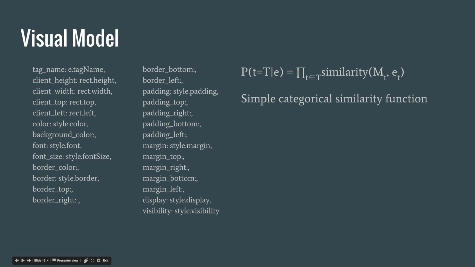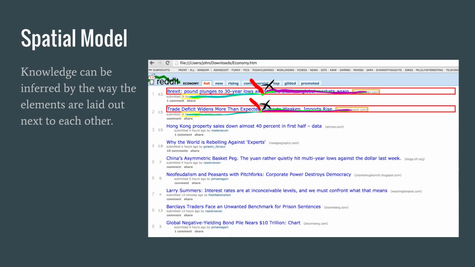A couple of insights about what makes these DOM elements part of the data entity model or not. As you can imagine, things that belong to a certain category are visually similar to each other, and so we use visual similarity. I'm not going to go through all these, but you can look at it if you want. Now you have things that belong to a certain category.